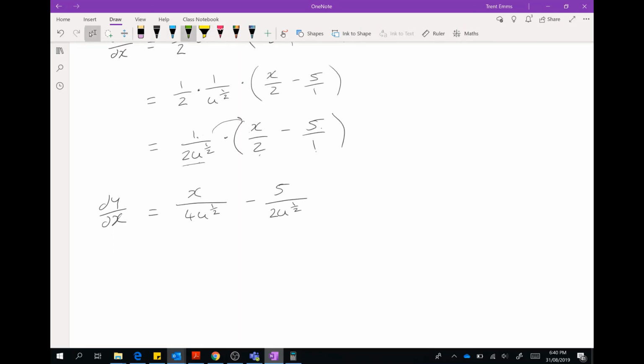One more thing that we can do, just to make it a little bit more simple, is times this by 2 over 2, because if we times anything by a number over the same number, that's just 1, and if we times anything by 1, it's still itself. And the reason we would do that is so that we can get the denominators the same, so it's easy to go across.